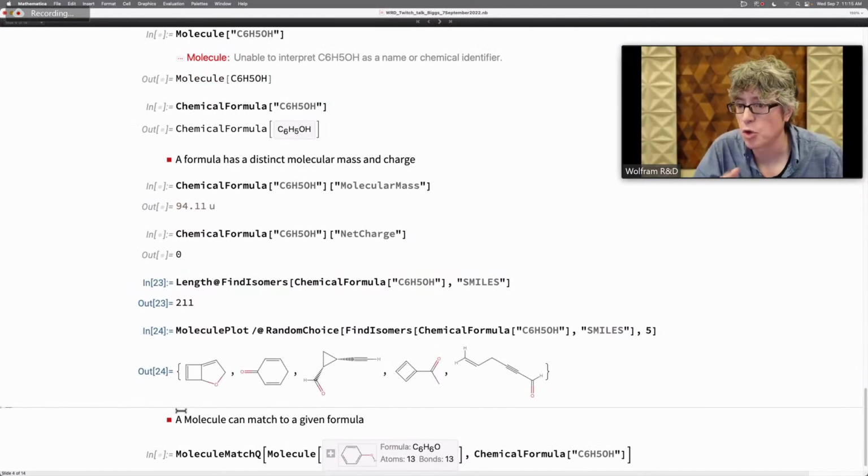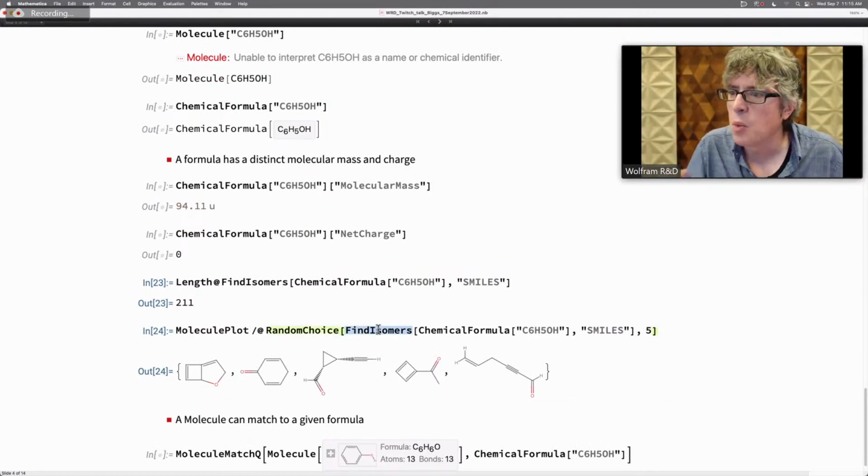I think this one's fairly interesting. It makes a call out to PubChem and asks, what have you got with the formula C6H5OH?